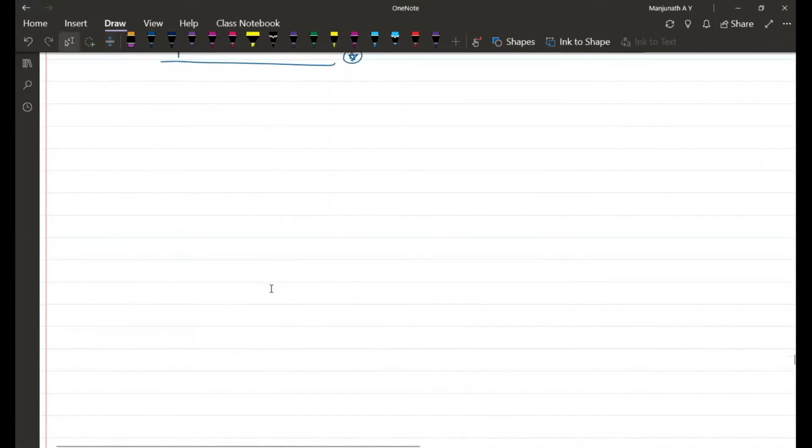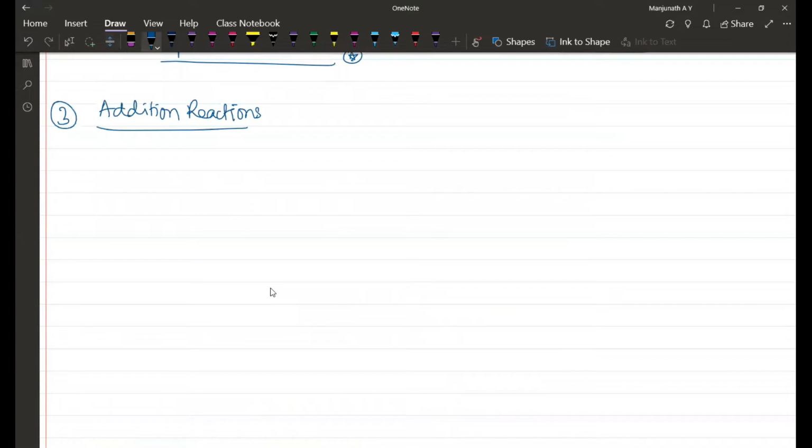Yeah. So the next type of reaction, I think the third main heading, is addition reactions. These addition reactions can be simple additions, and they can also be addition-elimination type. Okay. If simple addition takes place, you get a saturated compound.